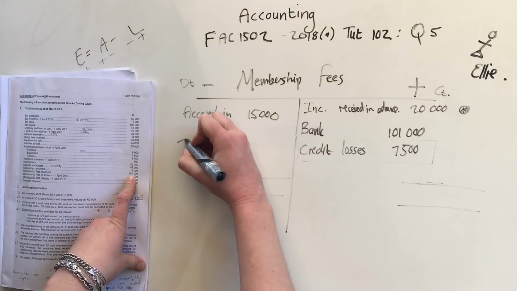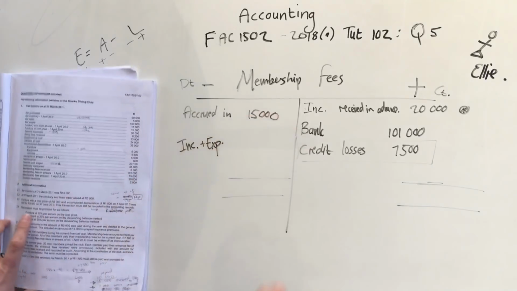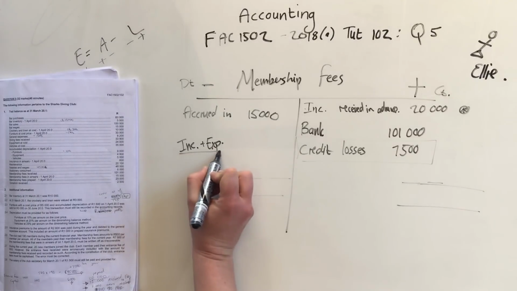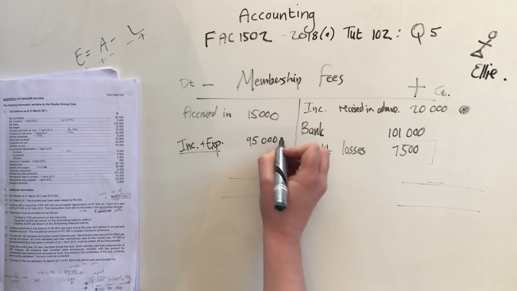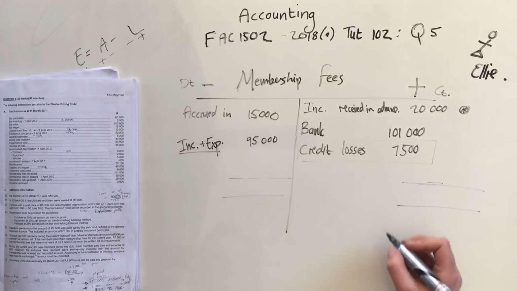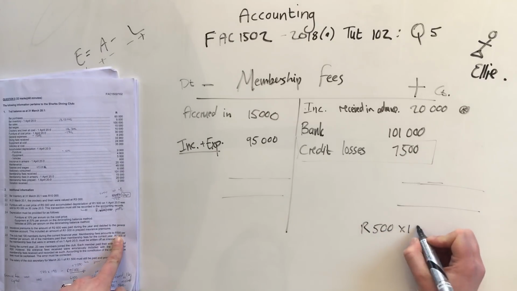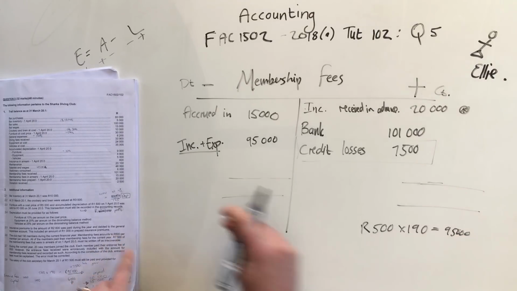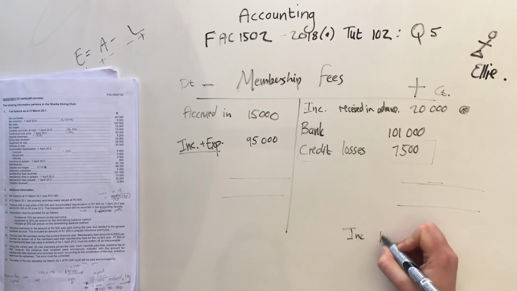But what you take into income and expenditure is the 95,000, which is 500 Rand per member times 190 members. That you put over there at income and expenditure because at the end of the day you want to have an income and expenditure account.